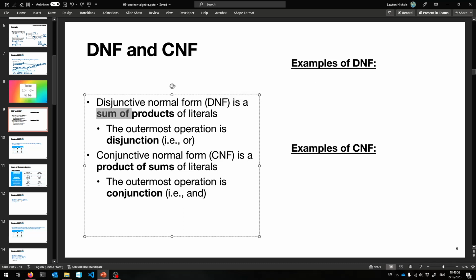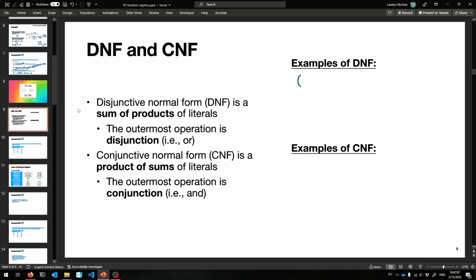It is a sum of products of literals, and so that means it's a bunch of min terms together, right? Products, and then a sum of those. So the outermost thing is an OR. So here's some examples of disjunctive normal form, DNF.